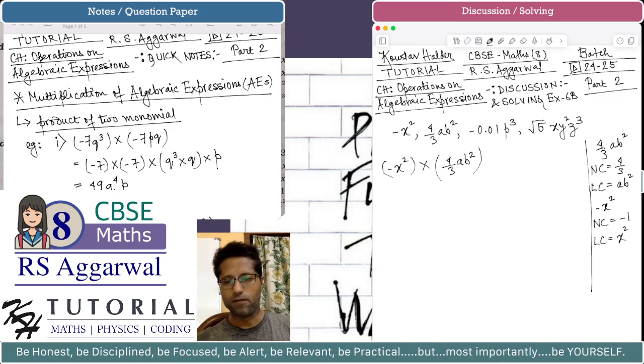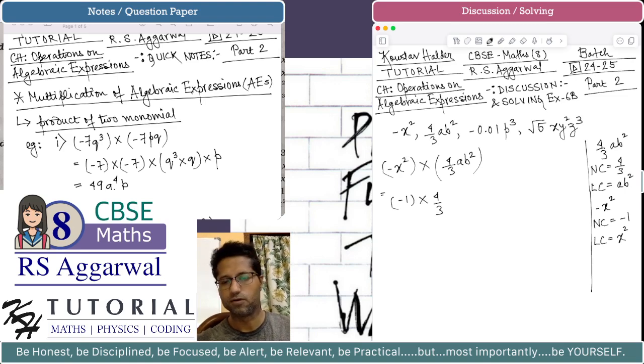So when we find the product of two monomials, where a monomial is basically a term, we first find the product of the coefficients of the two terms. For minus x square, the coefficient of the term is minus 1, and the coefficient of the term 4 by 3 a b square is 4 by 3.